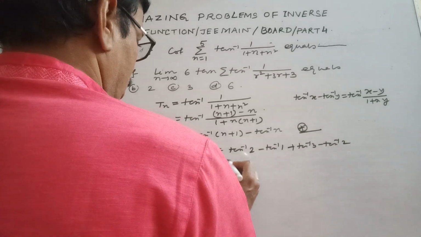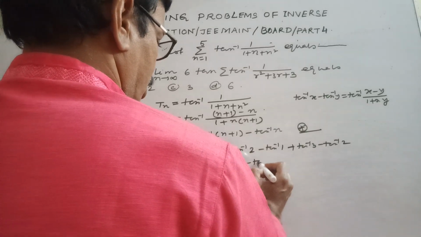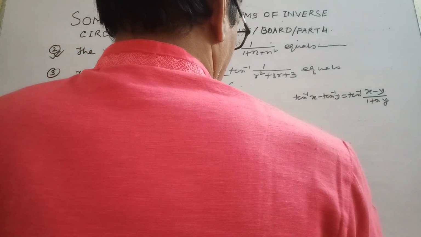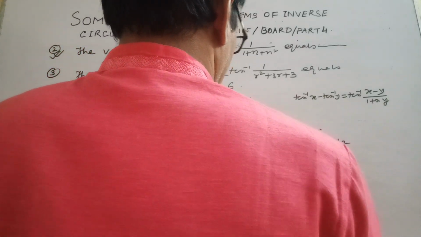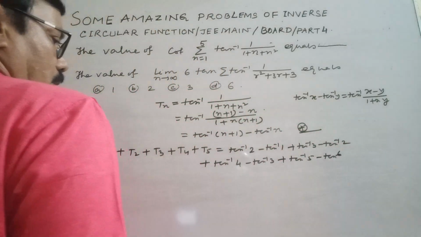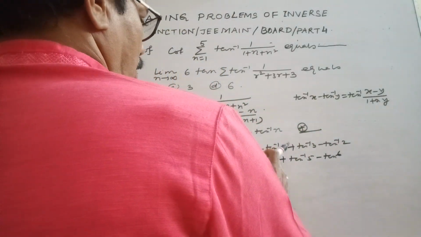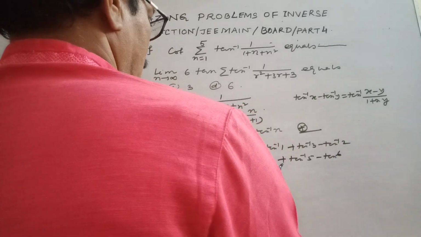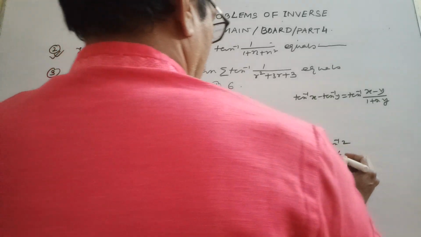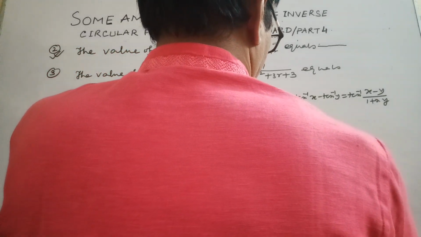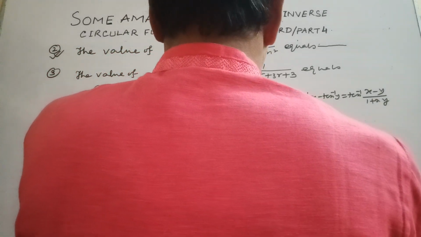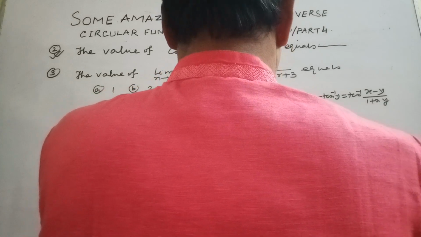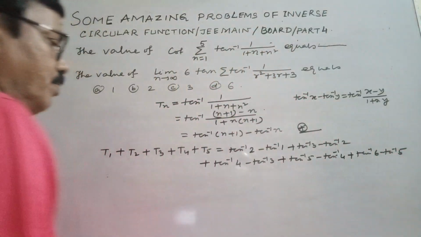T3 is tan inverse 4 minus tan inverse 3. T4 is tan inverse 5 minus tan inverse 4. And what is T5? Tan inverse 6 minus tan inverse 5.